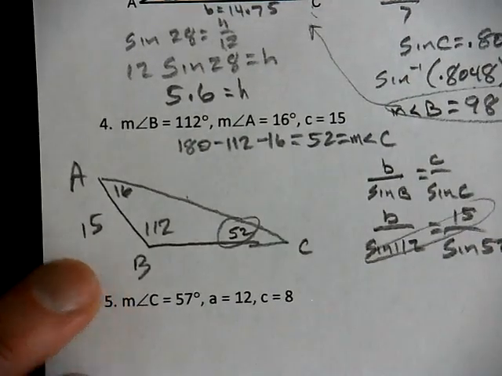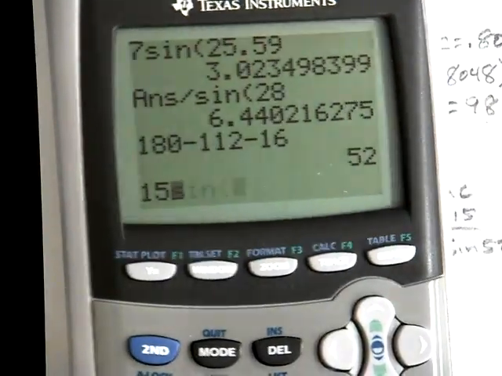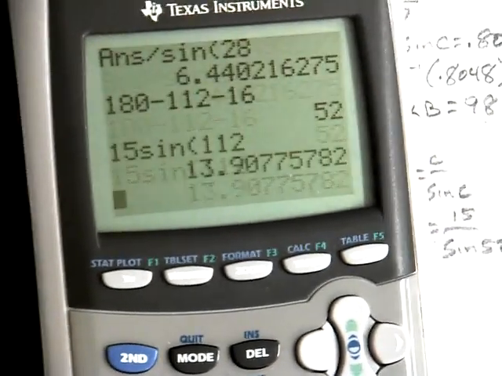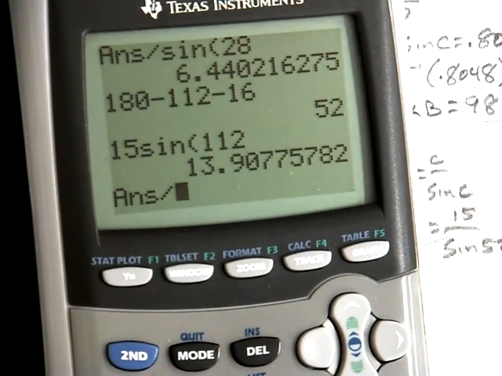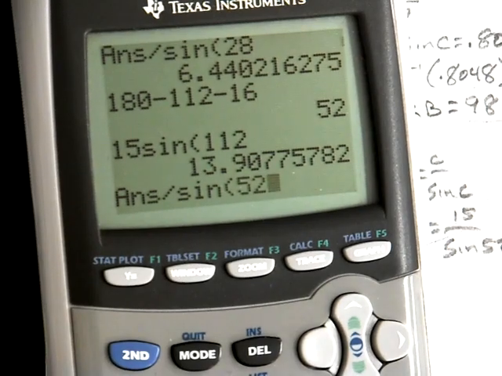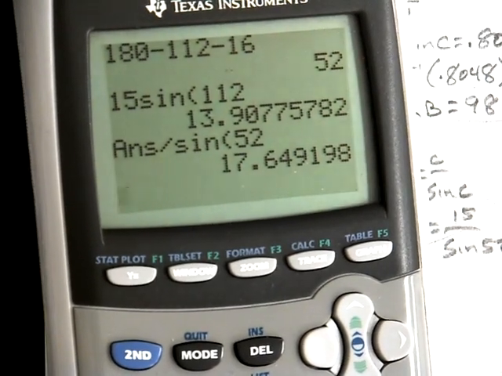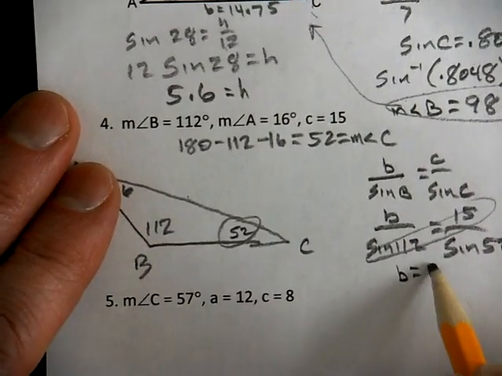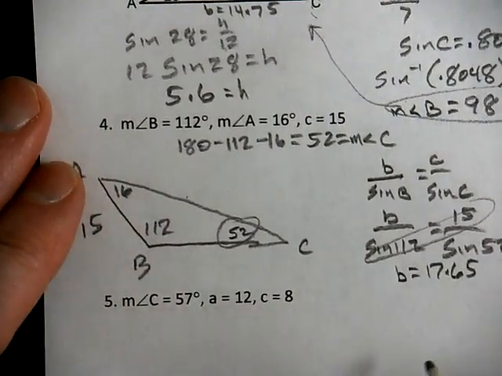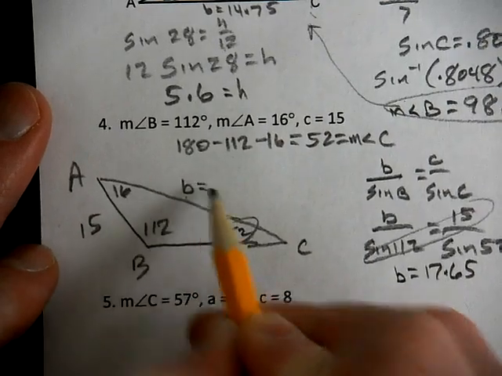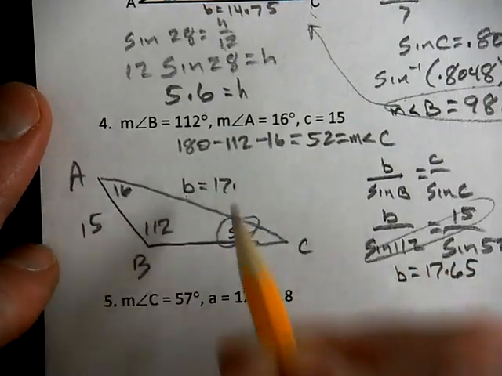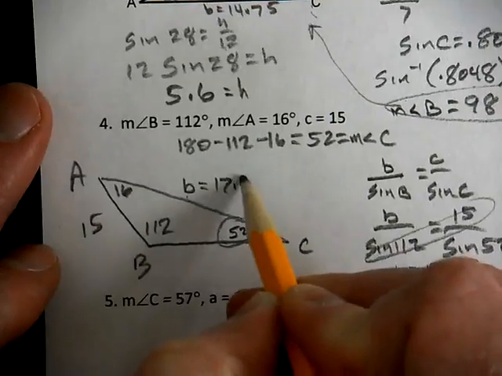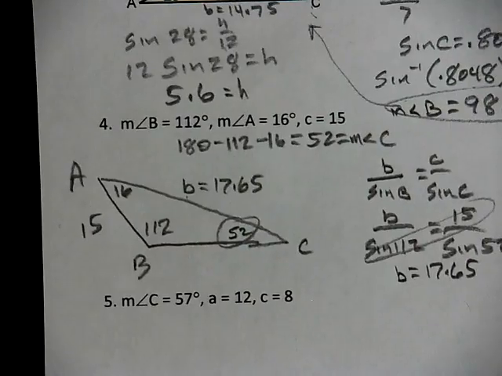I'm going to cross multiply one direction. If I'm going too fast, you can always pause the video, rewind the video, listen to it again until you understand. Ask me questions in class. So that would be our length of B, 17.65.